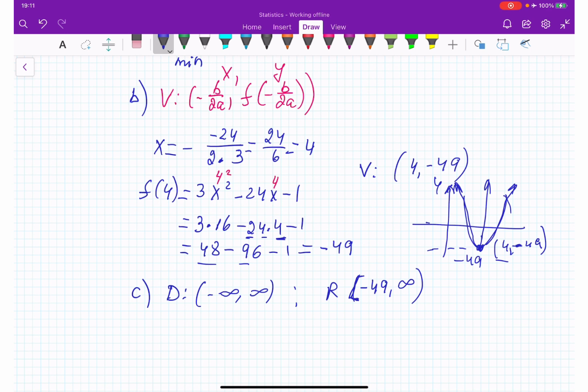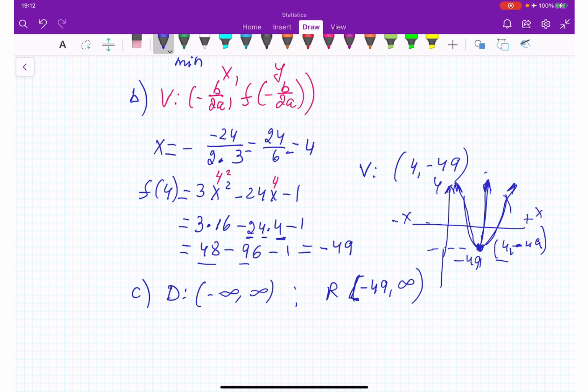So we have negative x and positive x, and since it's running to infinity, it will hit negative infinity and positive infinity. While the range, which is y, there is no other value below negative 49, right? The minimum starts at negative 49 and then it's going up. That's why.